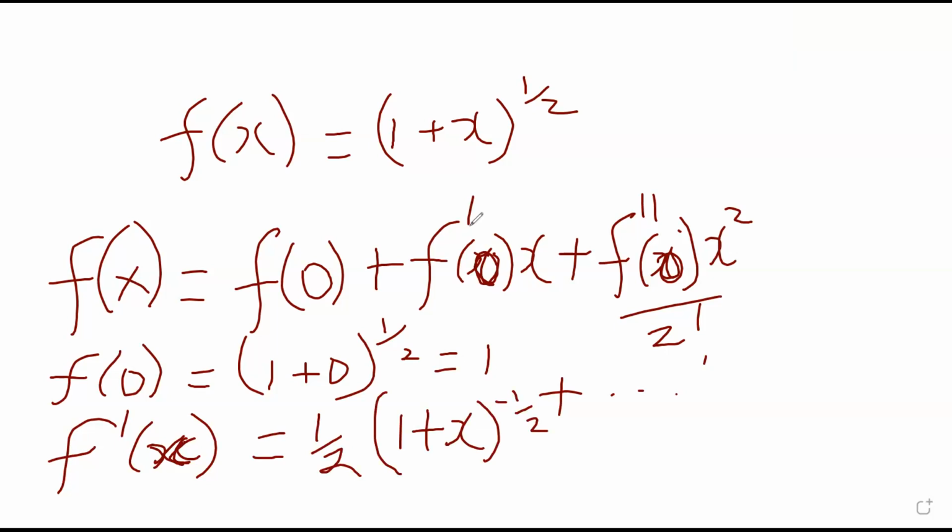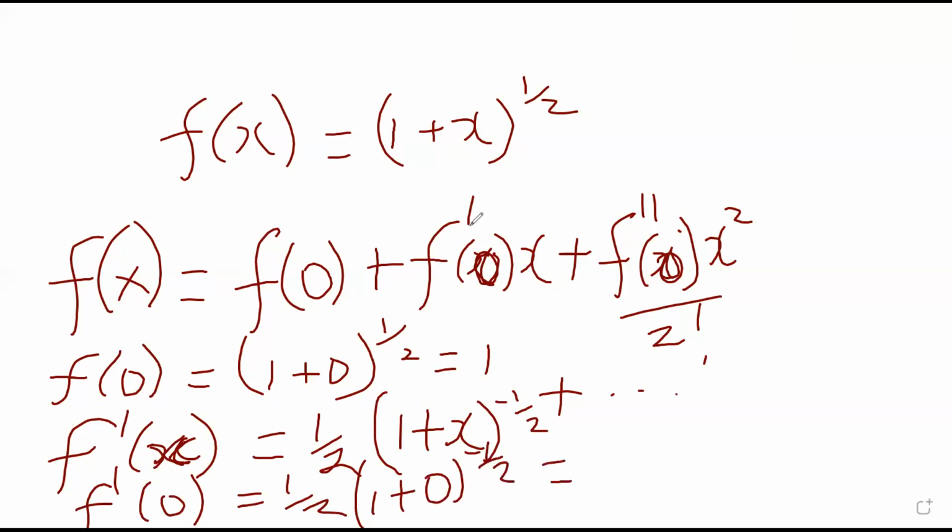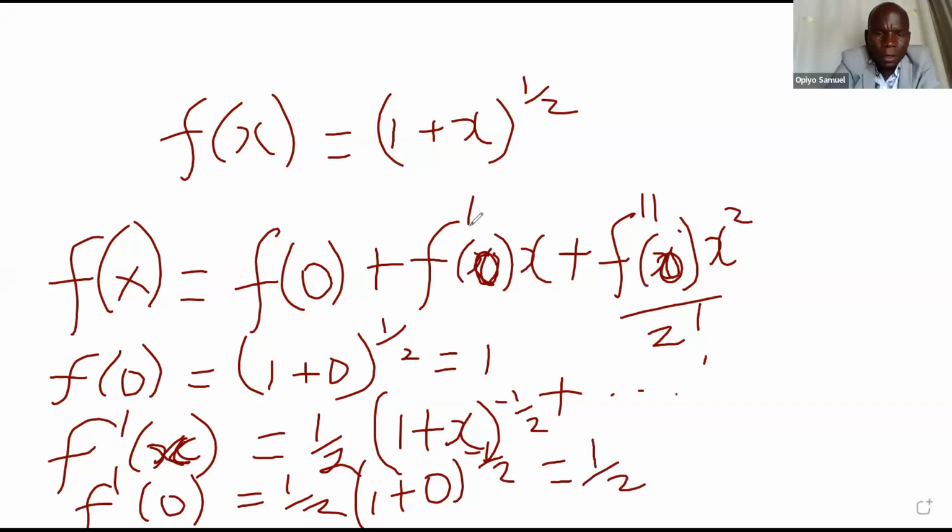So after that, you find f prime of 0, which is going to be a half into 1 plus 0 to the power negative a half. What do we get here? It's still a half, because 1 to the power any number is 1. So we get a half there.